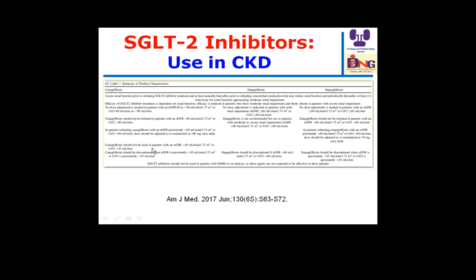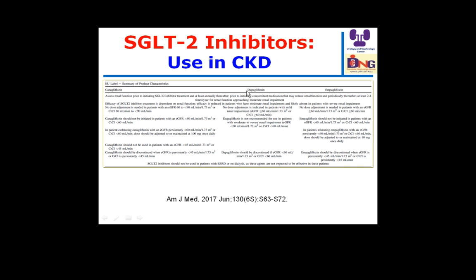Cana shouldn't be used in patients with estimated GFR less than 45. Cana should be discontinued if estimated GFR is persistently less than 45 ml per minute. So we should put all this in our mind.